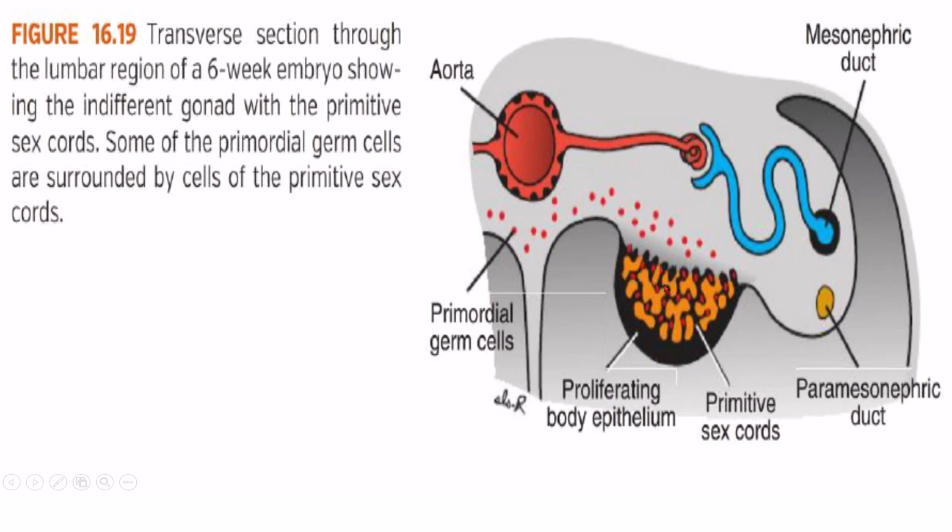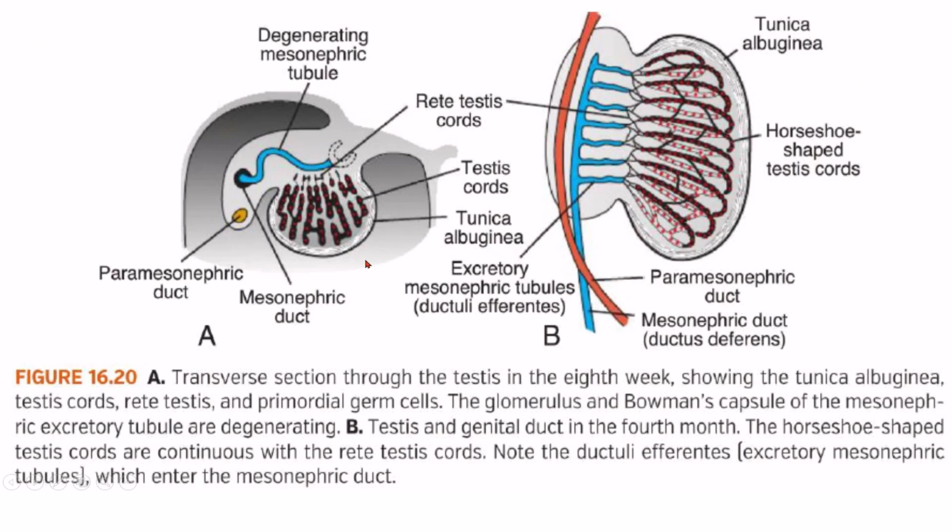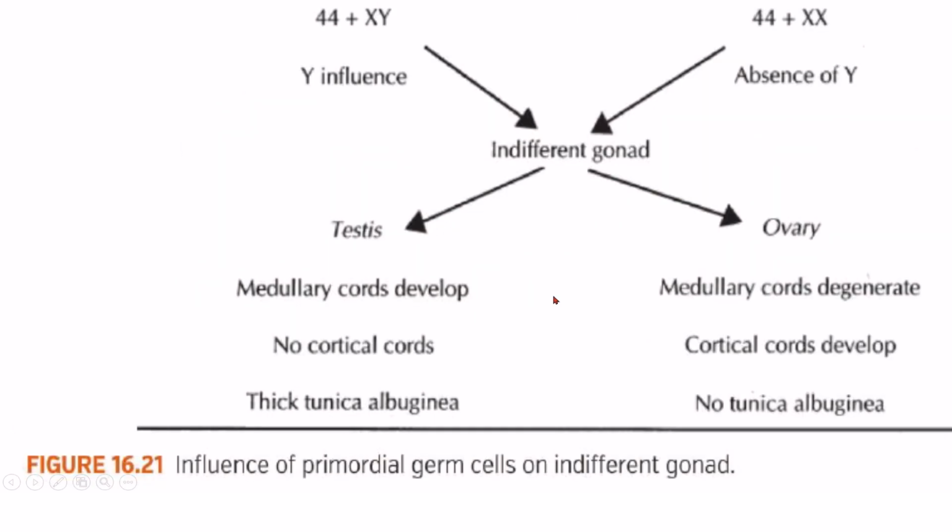Till this point, the gonad is indifferent. It is neither male nor female. Now what happens? Here you are seeing the development of the male reproductive gonad, which we'll deal with in a separate session. Here we will see how the male and female reproductive gonads are derived.